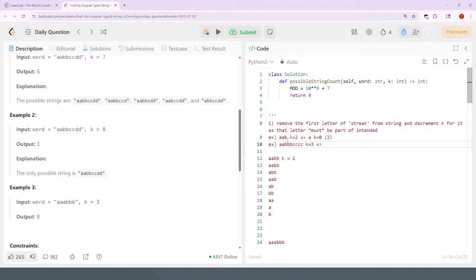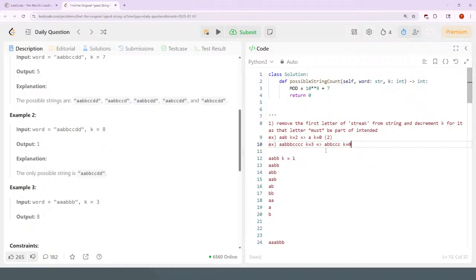Well, again, the first A, the first B, and the first C have to be fully intended. So if I ignore those, I'm left with the second A, the second and third B, and the second, third, and fourth C. And here, K is now reduced to 0.